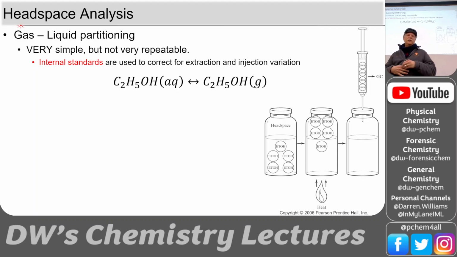So it can have some problems, but you could use internal standards to make it repeatable and correct for that injection variation. But this is a simple example. If we have ethanol in water, we heat it up. Ethanol has a higher vapor pressure than the water, and it'll go into the headspace. Then we use a gas-tight syringe to suck up that headspace. This could be done with any other kinds of volatile substance that's in a water sample.